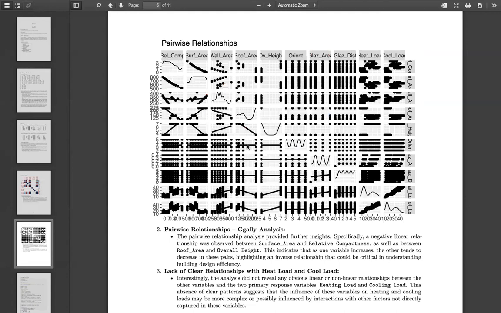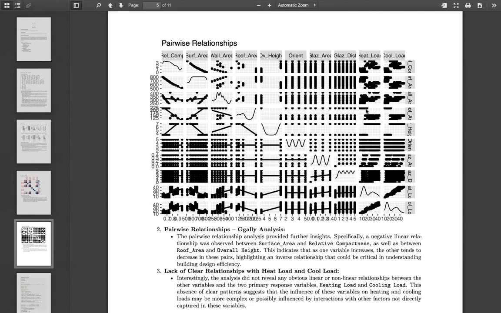Here are pairwise relationships between all of my variables. You can pick up on some things like here you see a strongly negative relationship between relative compactness and surface area. And then you can pick up on a couple of other ones like that. Mostly I looked right over here for the heat load and cool load because these are the response variables.